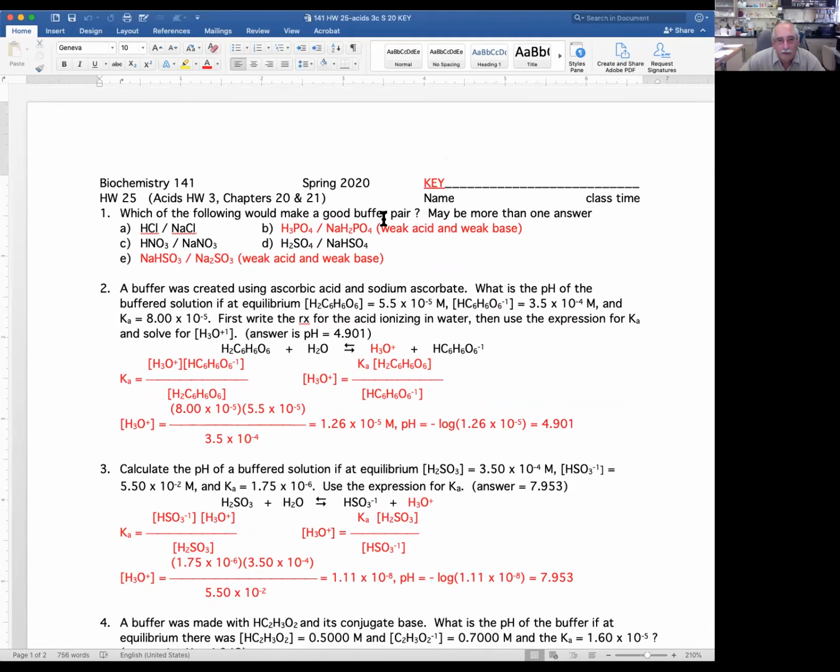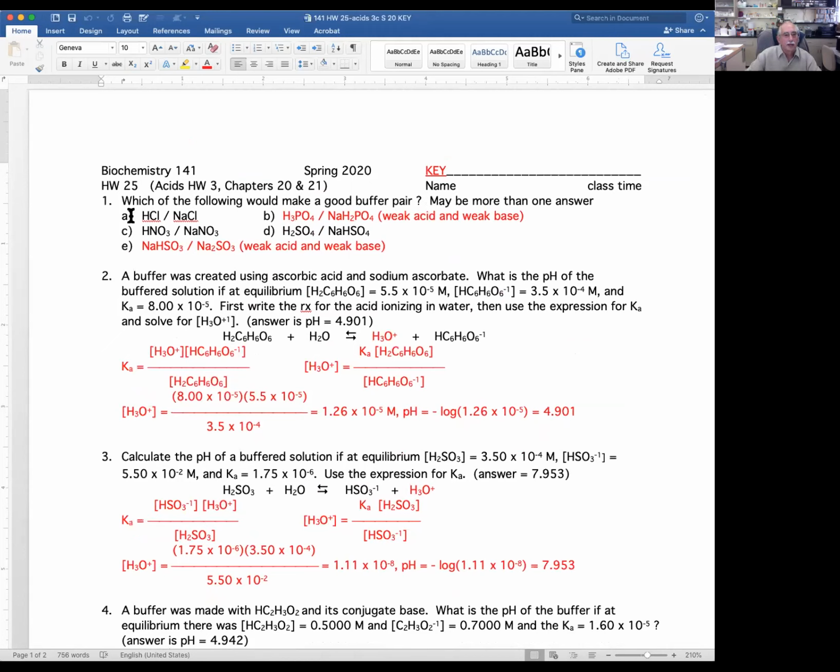So which of the following would make a good buffer pair? So what do you want a buffer to be? It's a weak acid and a weak base. So A, hydrochloric acid is on your list of strong acids, so that's not going to work. And this is not going to change the pH either.